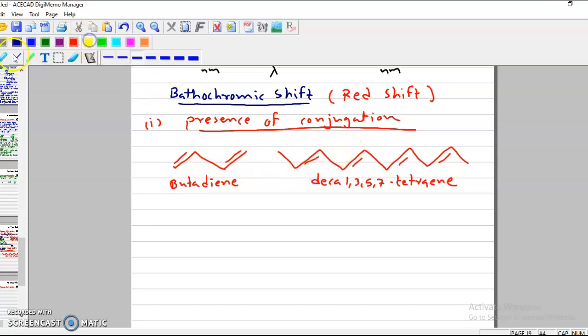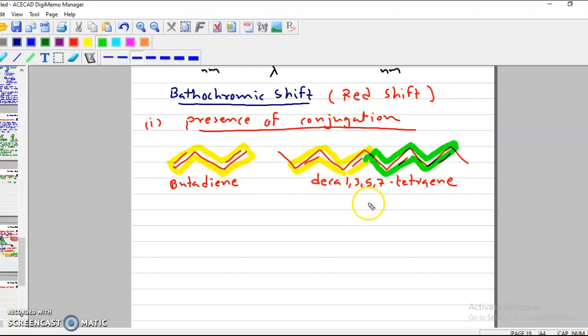Our main system, that is the diene system, is this much, in which you will find two alternate pi bonds. Over here also you will find the diene system, but in this case you will find extended conjugation of two extra pi bonds. So the net system will be from the second carbon to this ninth carbon. Let us see how this will change.